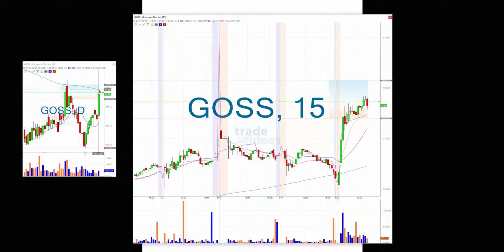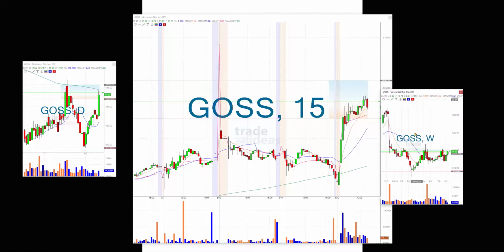Not only was it close to the 200-day moving average, which was 1492, but it was also close to the whole number 15. Also, if I look at a weekly chart, you can see there's some resistance right around that 15 level. Also on that daily chart, there's some resistance right around the 15 level.